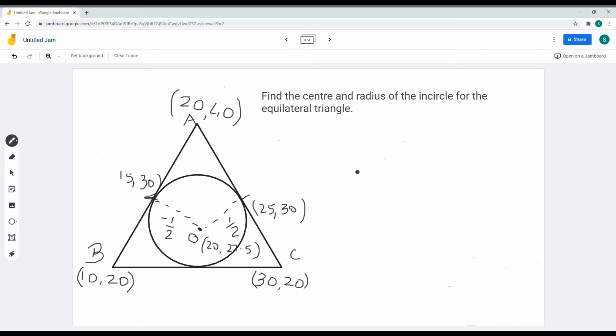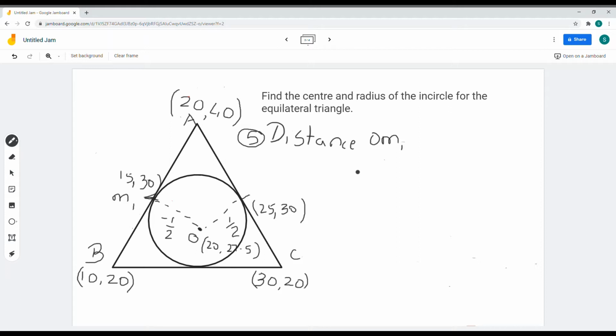Now the last step is to find the distance between the center O and any one of the midpoints. I'll probably choose this value. So let's say O M1. So distance O M1, and this one is my step 5. So I'll probably put this as 5.